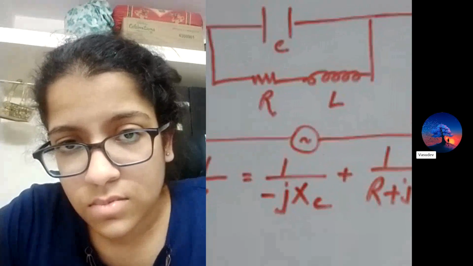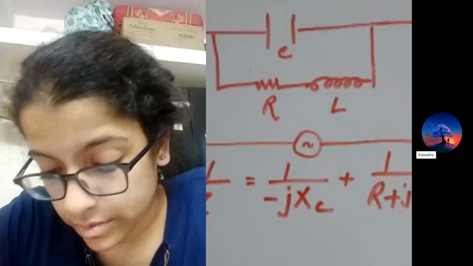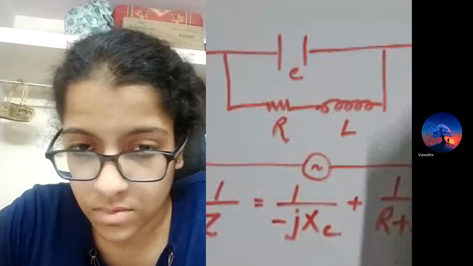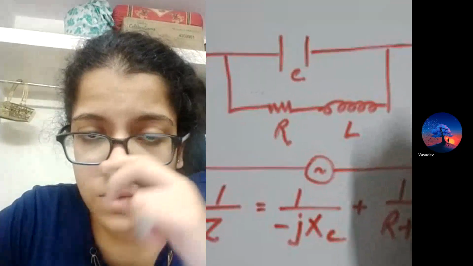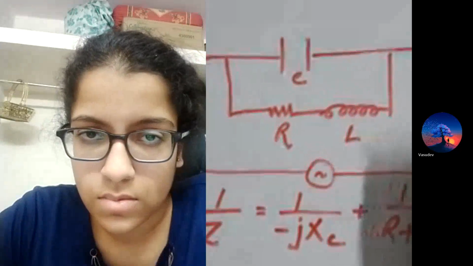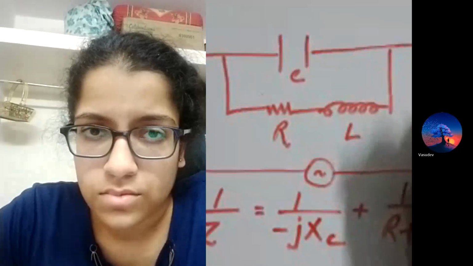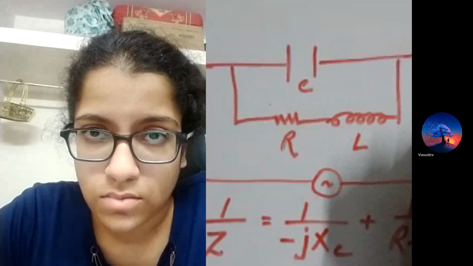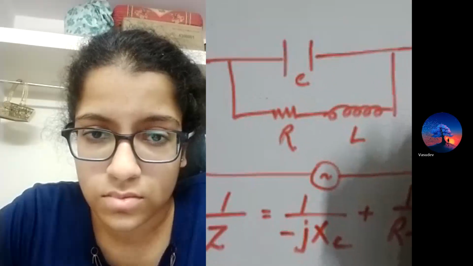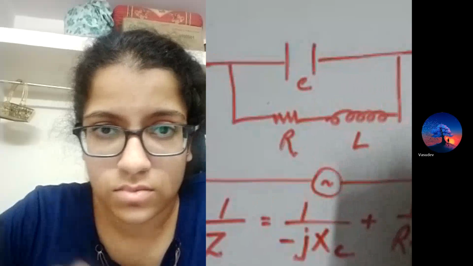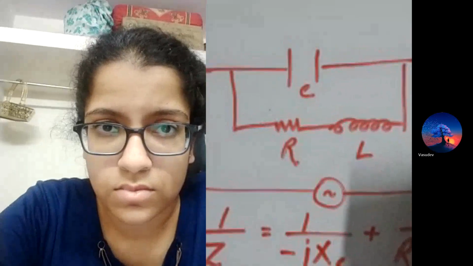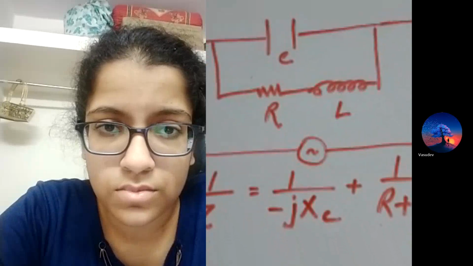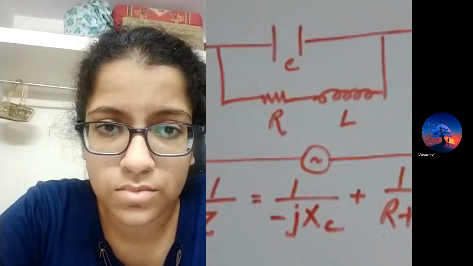So you're saying J is equal to e raised to the power J pi by 2. Yes. When we multiply e raised to the power J theta, I think you can recollect, I told you that we drop the imaginary part and write it solo, e raised to the power J theta, the representation that we have for current or voltage, correct?